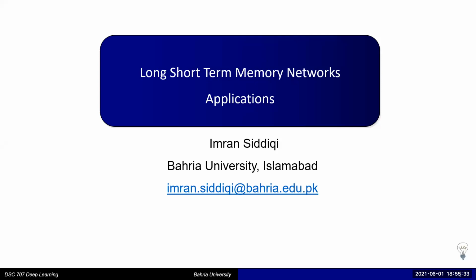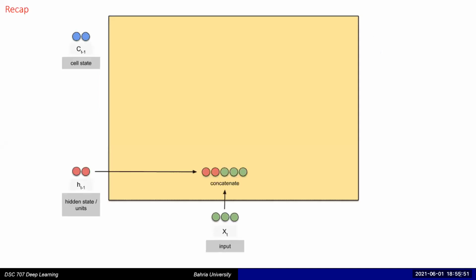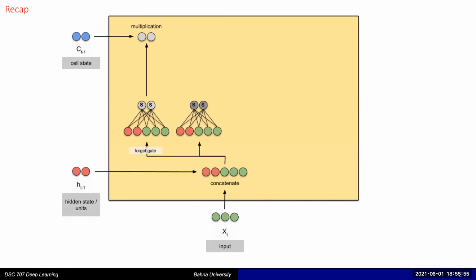Okay, now in this particular discussion, we'll be talking about some of the common applications of a long short-term memory network, or LSTM. We have seen the basic idea of an LSTM, and in this discussion, we'll be looking at how you can use LSTM to solve different problems.